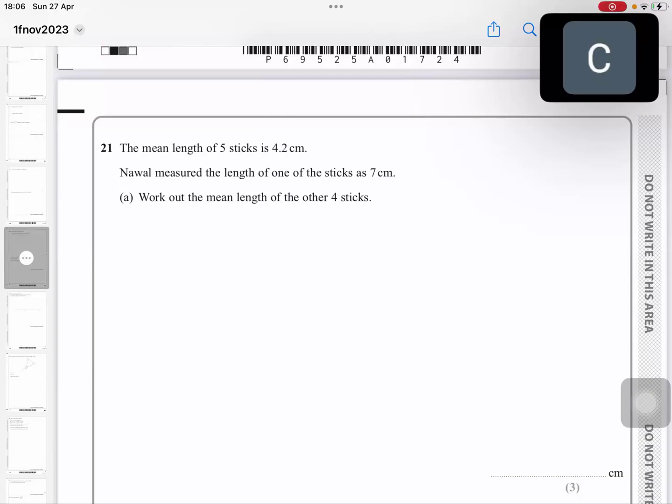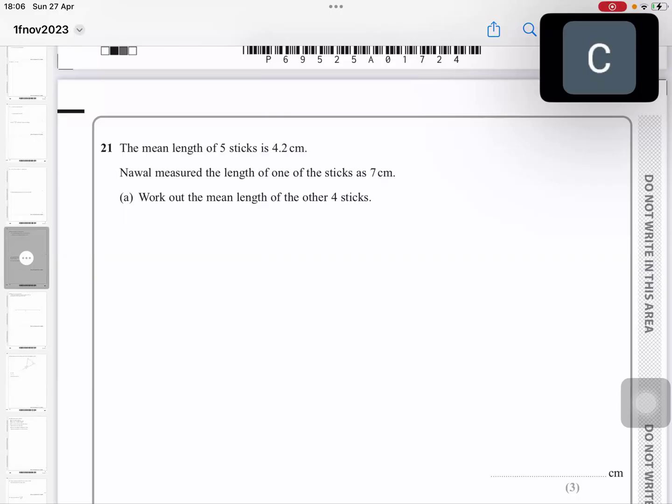Let's remind ourselves of the formula for average. You remember the formula for average? How do you get the average of things? The total sum of those things divided by their number.